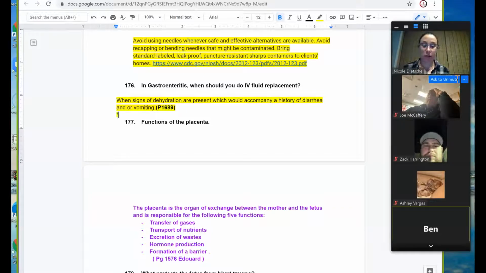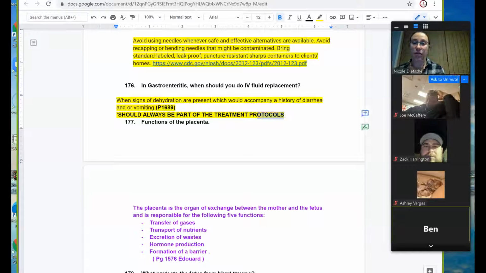I don't necessarily agree with this. I agree with what you guys have. I think that's more correct of an answer. But I'm going to make sure that you don't choose the wrong answer that is the correct answer, if that makes sense.